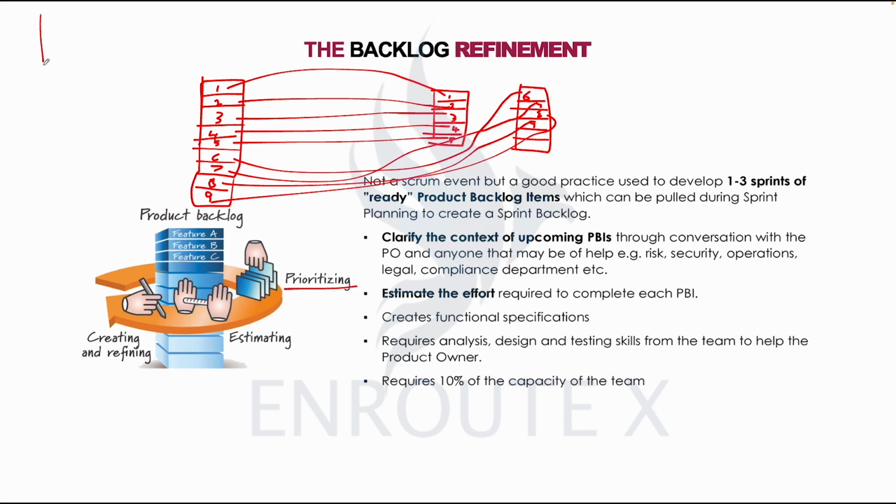Prioritizing. That takes us back again to the DEEP, where the first one is to create, and while we are creating those stories, we are ensuring that they are detailed appropriately. All the information needed to complete that piece of story should be added to each piece of story.